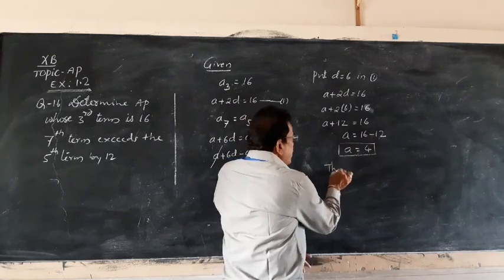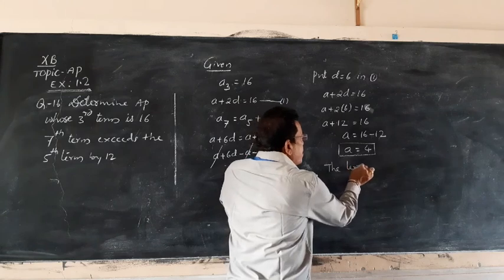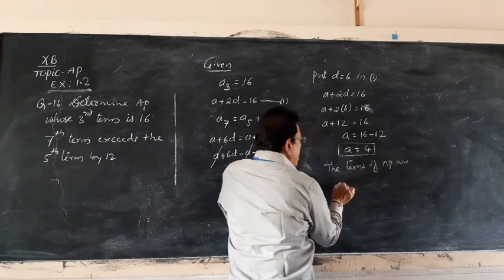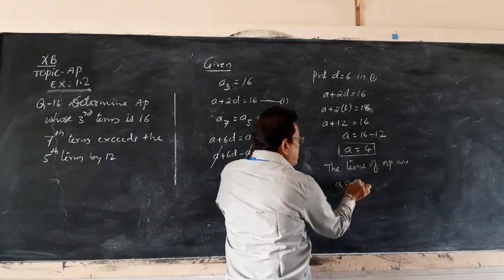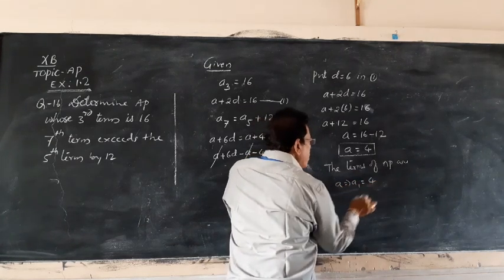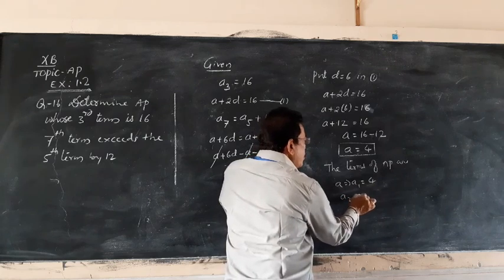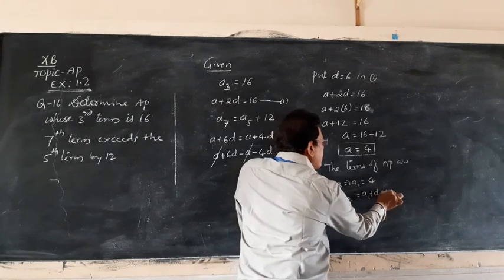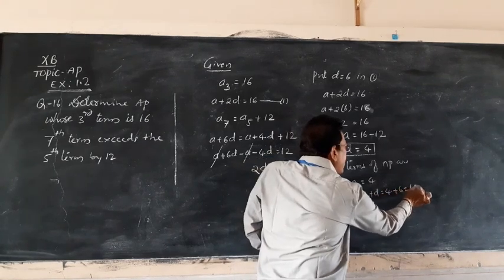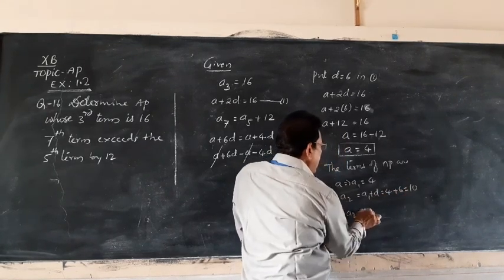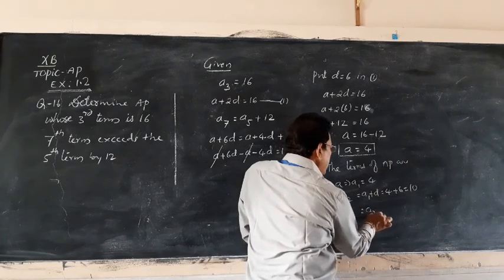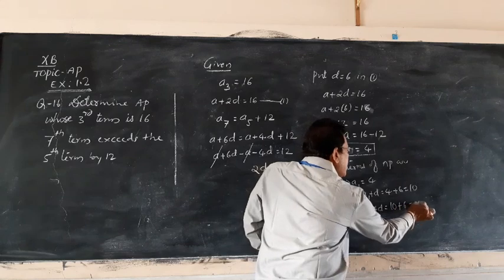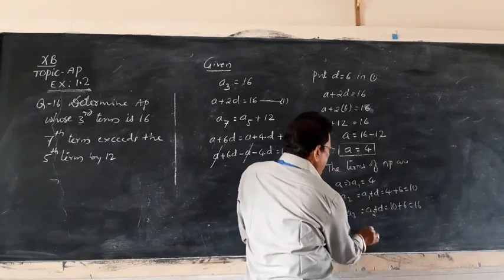So the terms of the AP are: A1 equals 4. Then A2, A1 plus D, that is 4 plus 6, that is 10. A3, that is A2 plus D, 10 plus 6, that is 16.